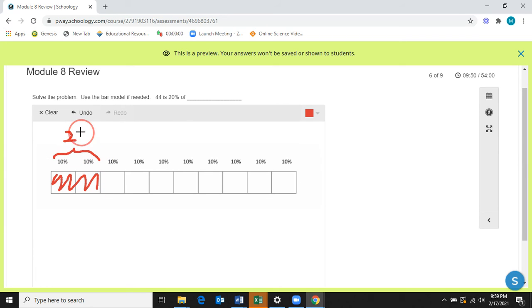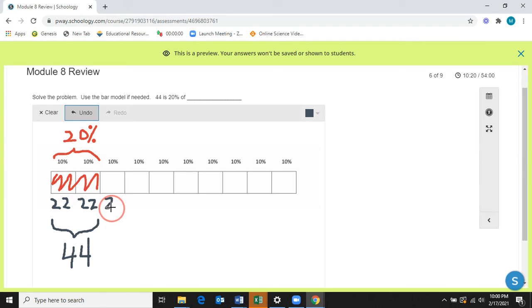Now, remember, it says 44 equals 20%. So what that means is that bottom amount equals 44. So 44 out of 2 boxes. 44 divided by 2 is 22. That means every box equals 22 all the way down.